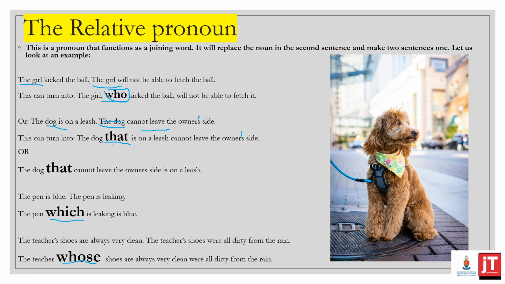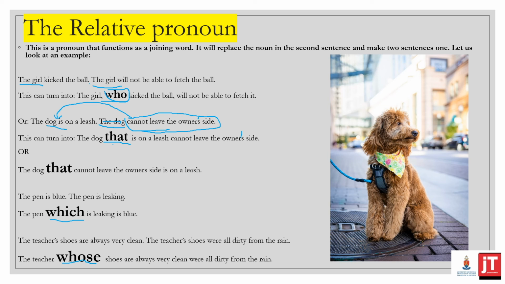So we take this part of the sentence and we put it in front of this part of the sentence, and that is absolutely okay, as long as it sounds like fluent English, as long as the sentence flows and it makes logical sense to the reader. You don't have to put the first part of the sentence before the other, or vice versa.